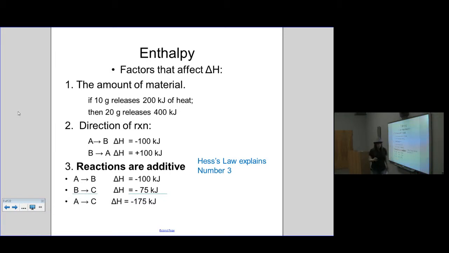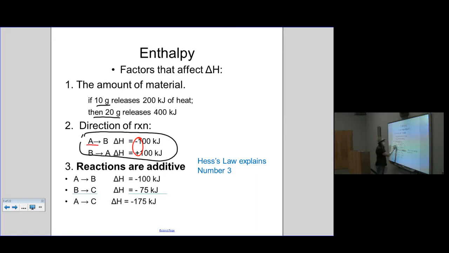We've seen before that if we know how much heat is released if we use a certain amount, like 10 grams, then we expect if we use 20 grams that we'll have about 2 times that amount of heat. We've also looked at changing the reaction in a different direction and how that causes us to need to change the signs.